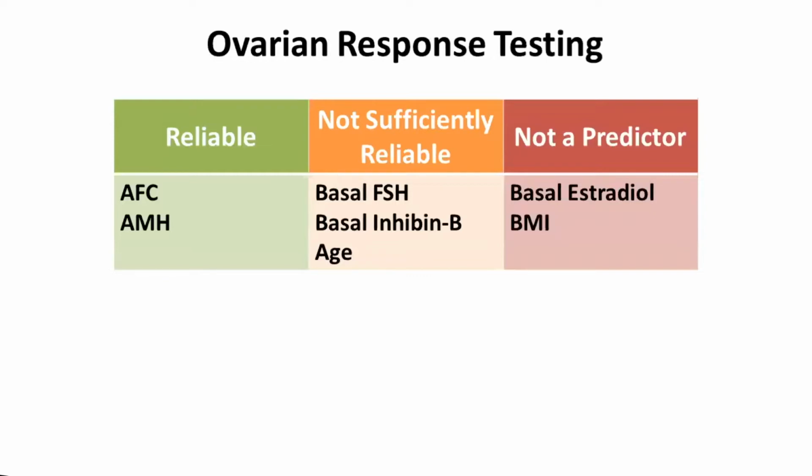Other parameters, basal FSH, basal inhibin B, age, basal E2, and body mass index are not reliable or are not even predictors of ovarian response. So we will rely upon two parameters, which are the antral follicular count and the anti-Mullerian hormone.